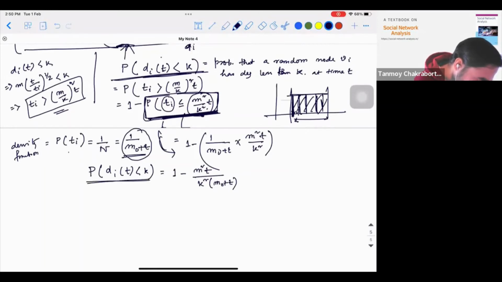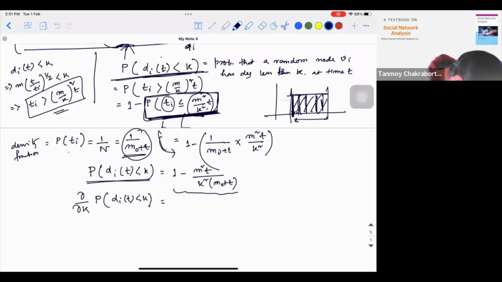So this is cumulative. Okay. From this part, how do we get the density function? We need to take the derivative, right? So d/dk of P of d_i less than k is d/dk of this part, right?